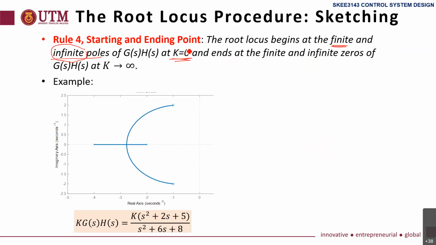Remember that root locus shows the poles when k changes, increasing from 0 to infinity. So root locus starts from poles and ends at finite and infinite zeros, or at k infinity. Rule number 4 deals with where it starts and where it ends, the root locus.